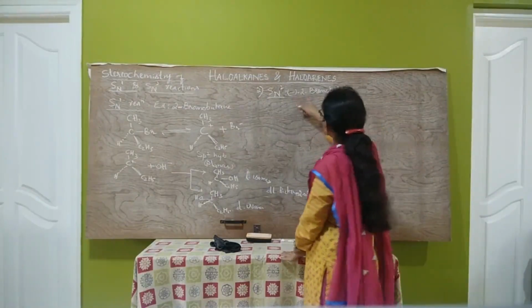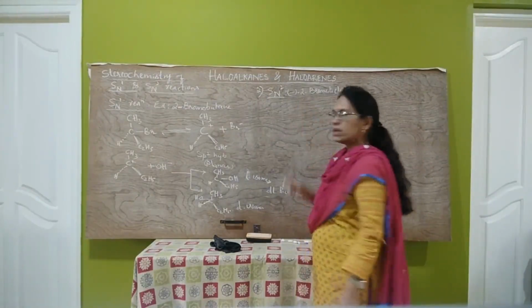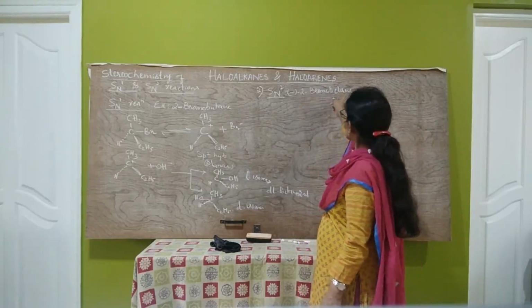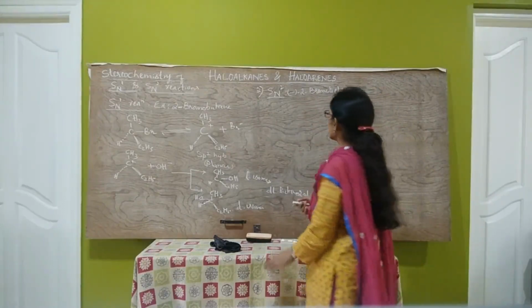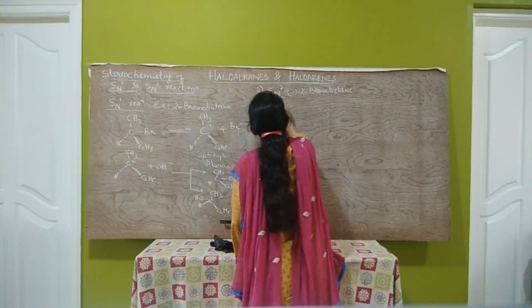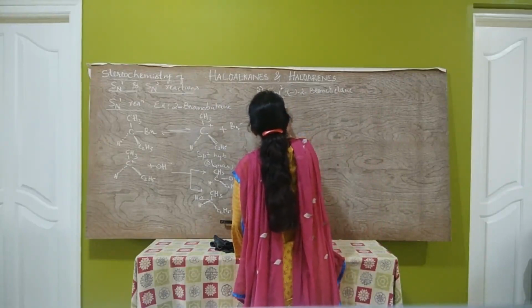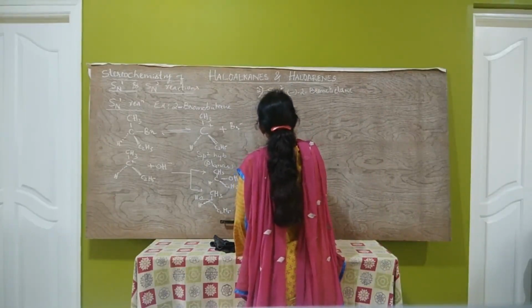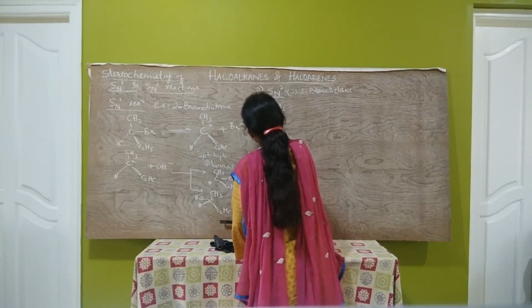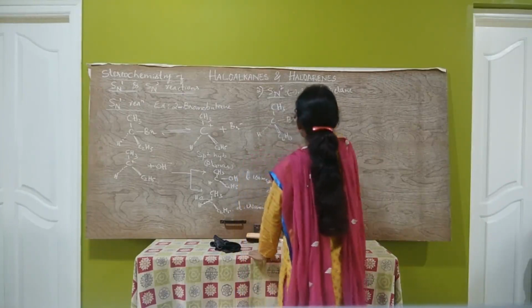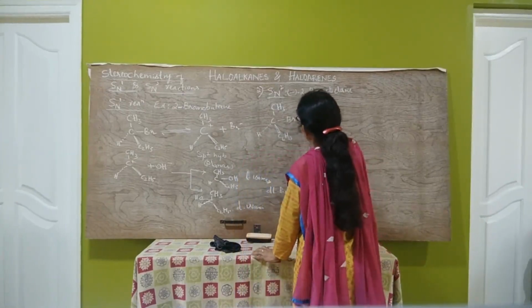That is, minus 2-bromooctane on heating with aqueous NaOH gives plus octan-2-ol. So that is CH3, C6H13, H. This is 2-bromooctane.